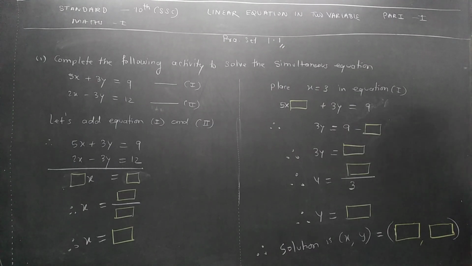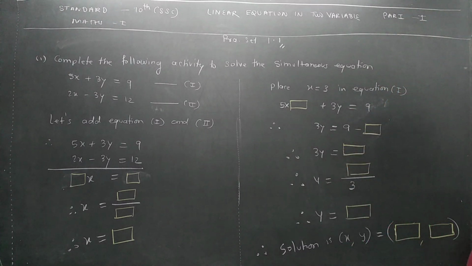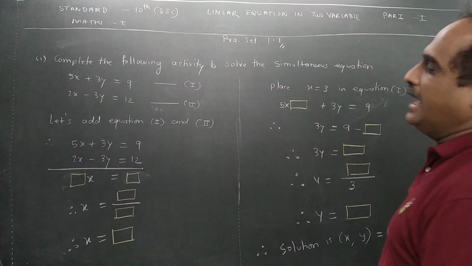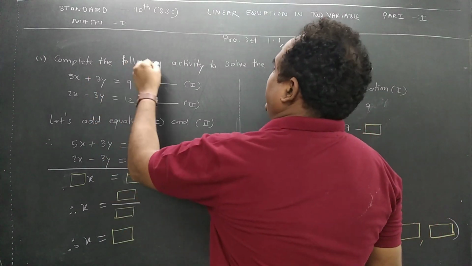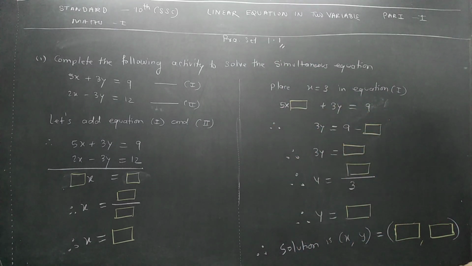So now we start with practice set 1.1. Now the first question is again an activity based question. तो हमें थोड़ा 9th को रिवाइज करना है वो चीज के लिए. Complete the following activity to solve the simultaneous equations. एक 2 मिनट के लिए वीडियो पॉज करो.